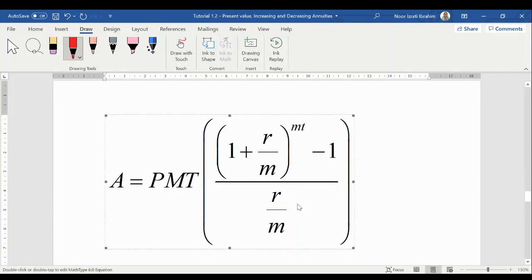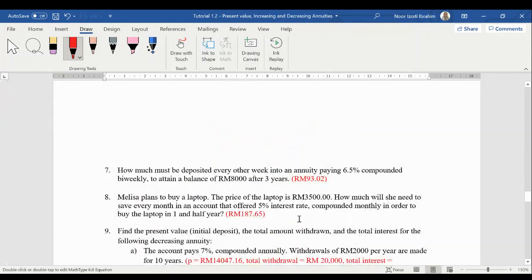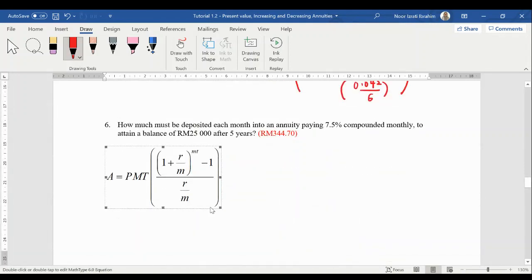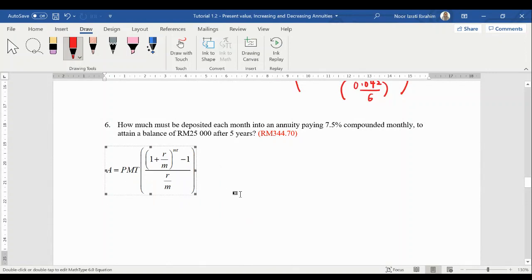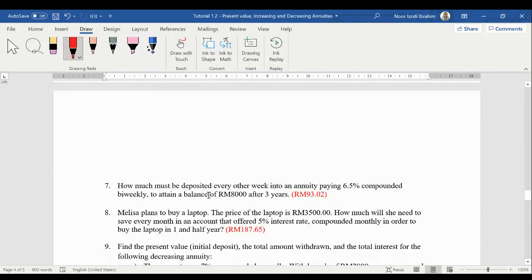What actually do you have to find? Correct, Nishan. You have to find the value of PMT.